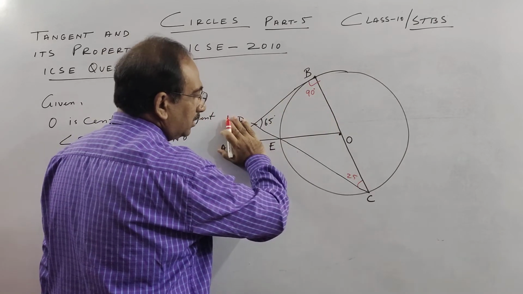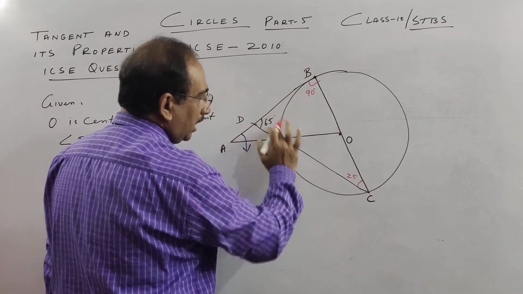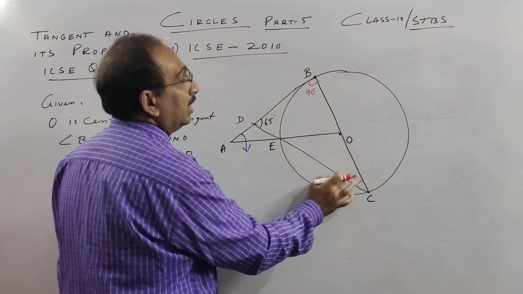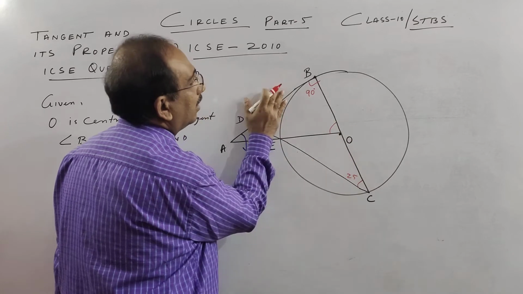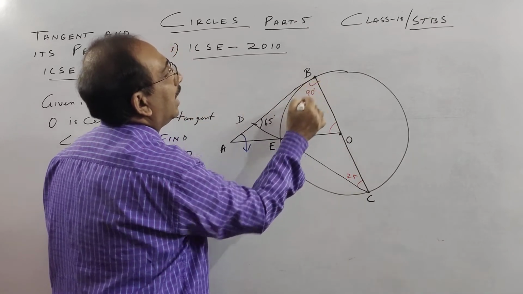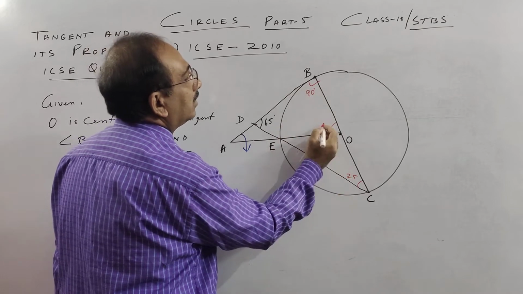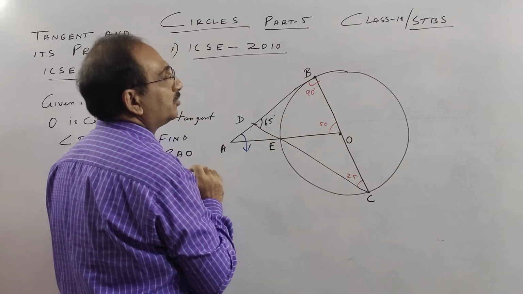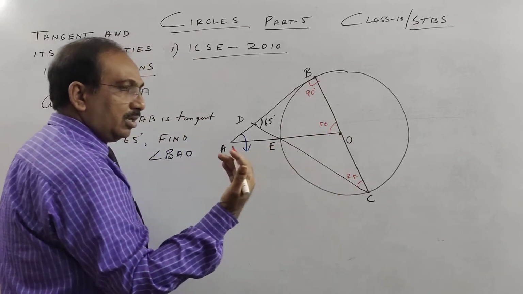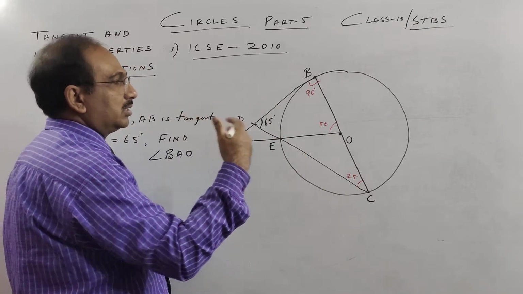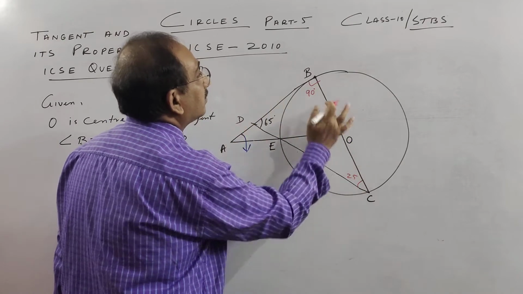Don't look at this part, children. In this triangle you see 90, 65, so this will be 25. Then the angle at the center is double the angle at the circumference. So this becomes 50. If you are having any problem, you can rewind, replay or pause the video and understand.